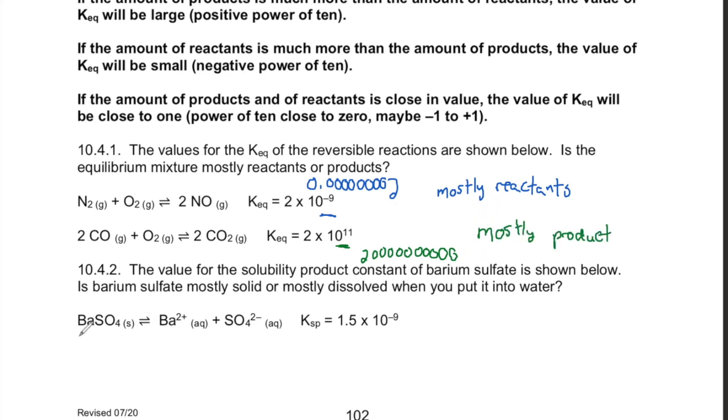Here's another case, barium sulfate, that we looked at before, the solubility product constant, and it's not very soluble. This is a very small number. It's mostly reactant, which is mostly undissolved solid. And we have looked at this before. Barium sulfate, according to our solubility chart from chapter 7, is a fairly insoluble compound. So it mostly stays as undissolved solid.